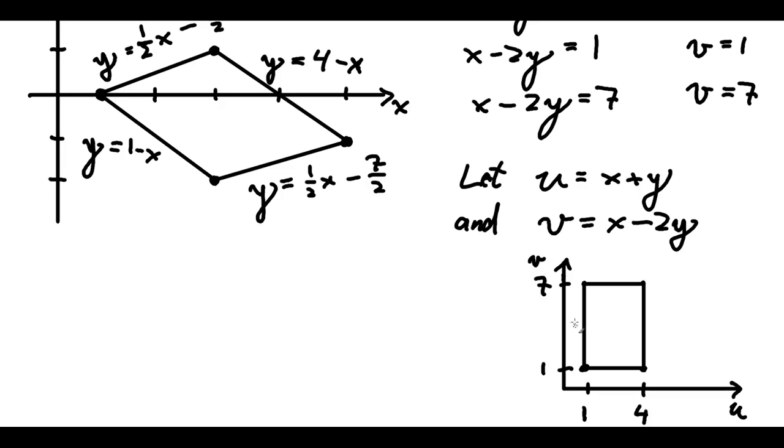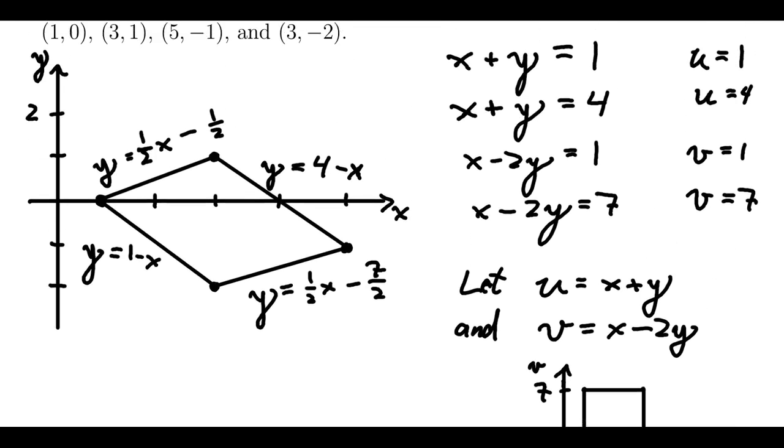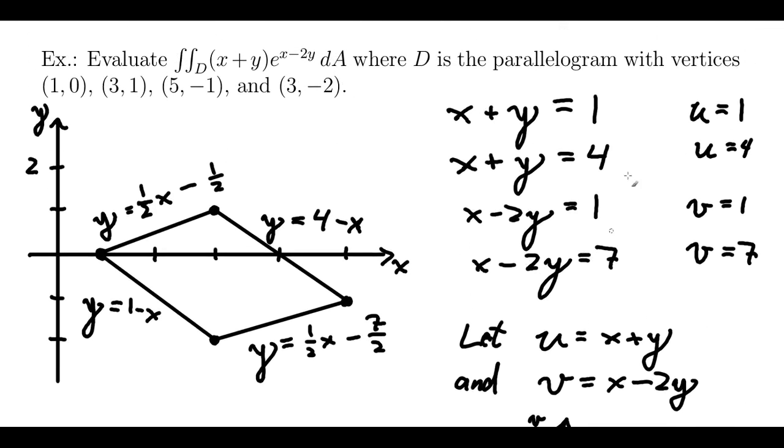That's one of the three things that we need, the bounds on our new variables. Sometimes you can get them from the equations that describe the region and knowing what the substitutions are. Other times you might want to take, for instance, boundary points, the corners, and run those corners through the substitution to find your UV pairs.